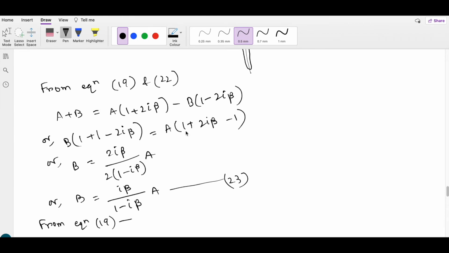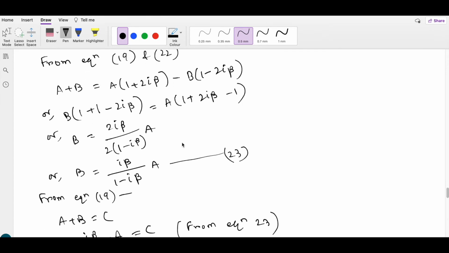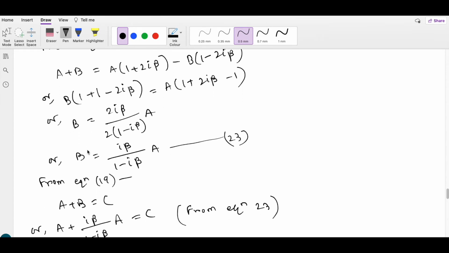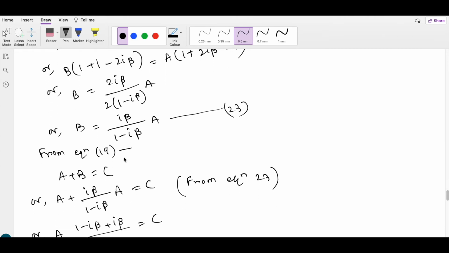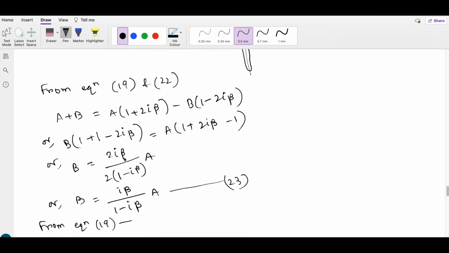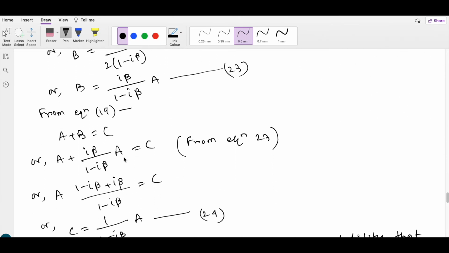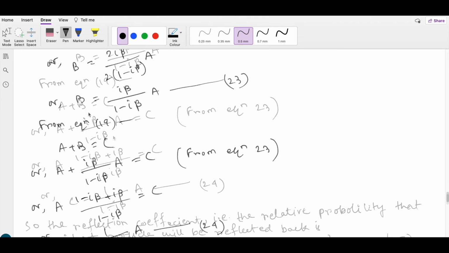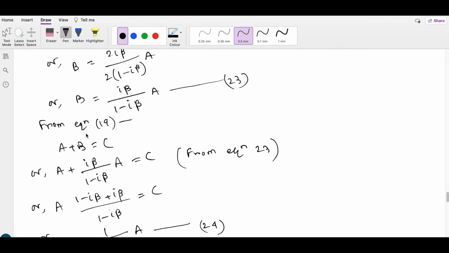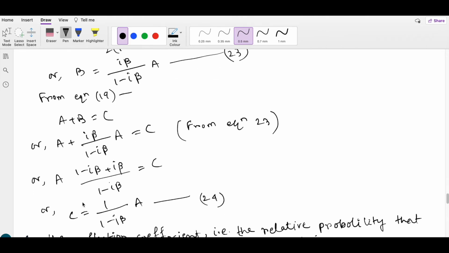So just rearranging a and b separately, we get b equals i beta by 1 minus i beta into a. And from equation 19, a plus b equals c. So if we put the value of b in terms of a here and simplify it, we get the value of c in terms of a.